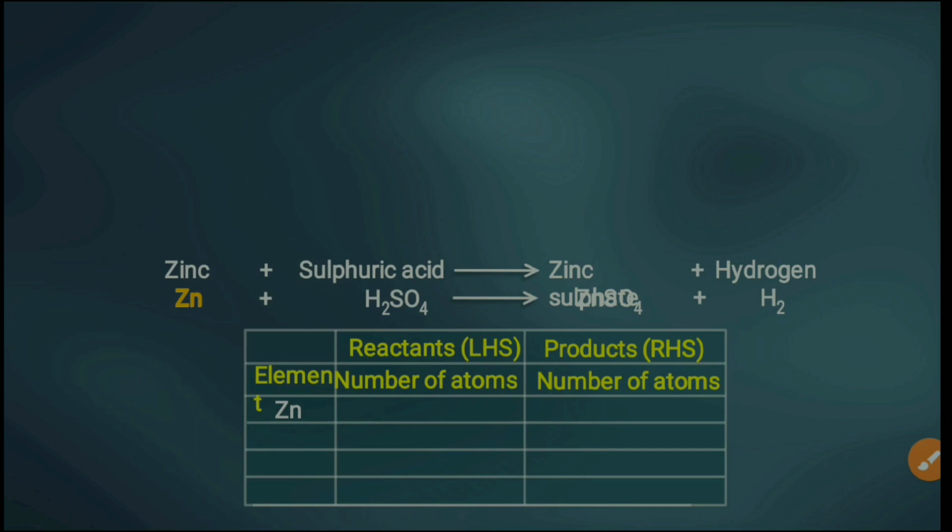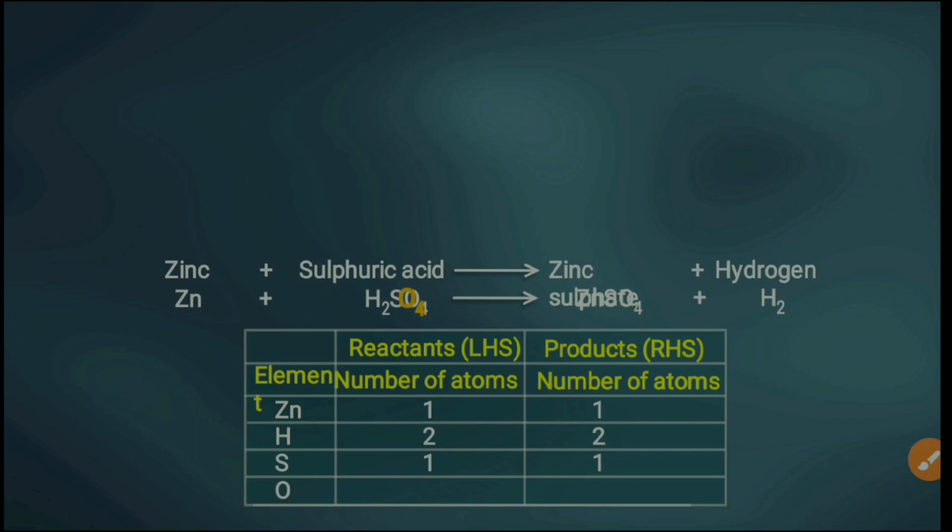Zinc on the left hand side is 1, and on the product side also 1. So it is balanced. Next element is hydrogen. Hydrogen in the reactant side is 2, and in the product side it is 2. So it is balanced. Sulfur in the reactant side is 1, and in the products also the same.